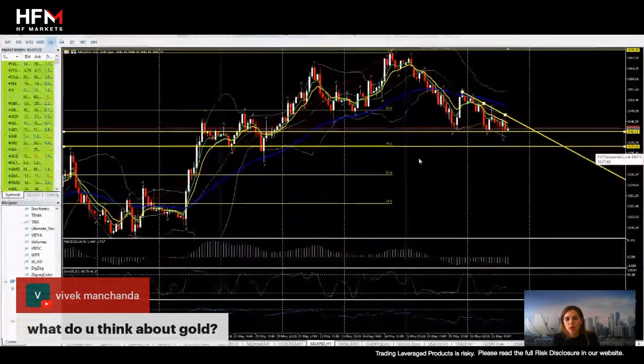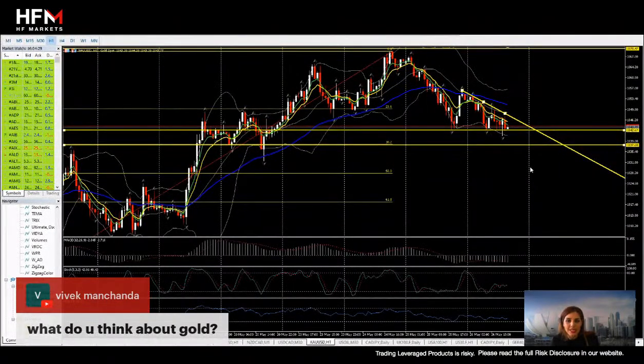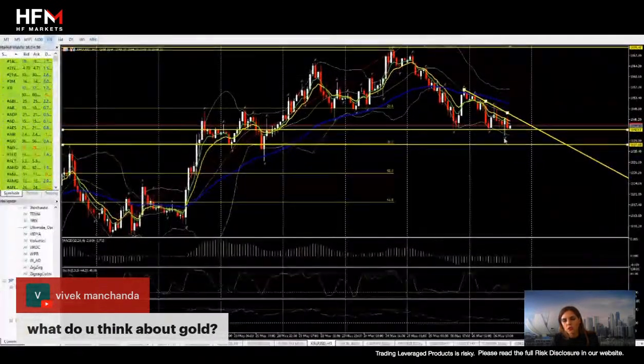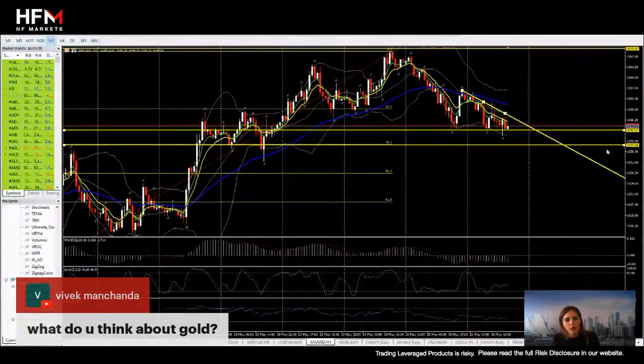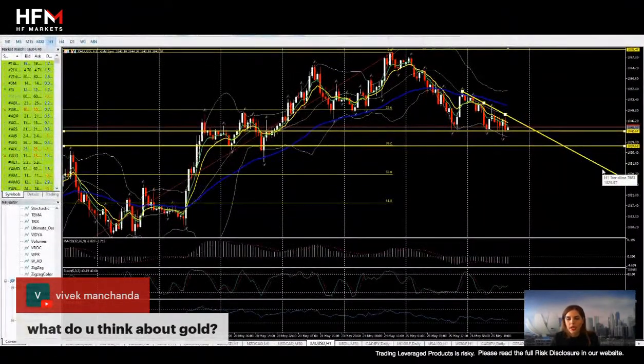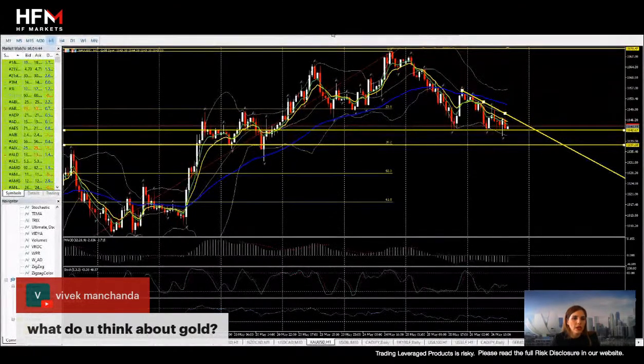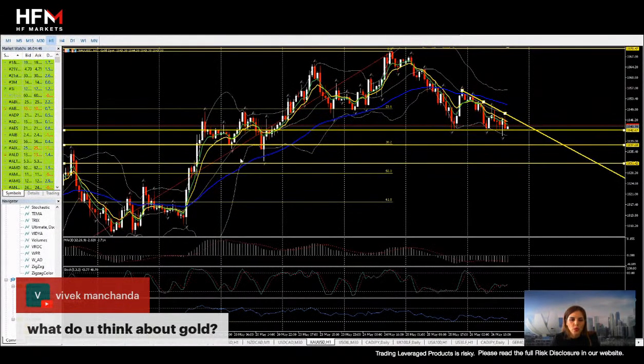So the next intraday support level is 1837 once it breaks 1842. So it remains to the downside, descending triangle. With a break of this descending triangle, the next immediate support level is at 1837. If that breaks, then the very next one will be around 1831, which is this latest low, and the 50 period moving average.